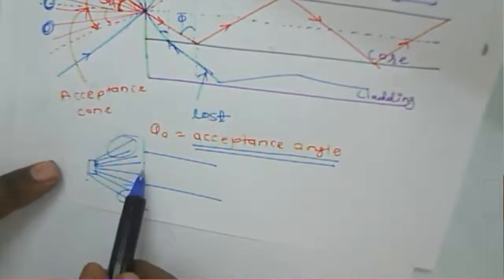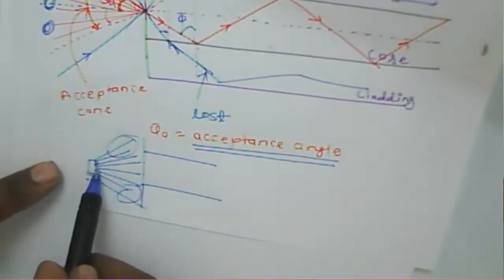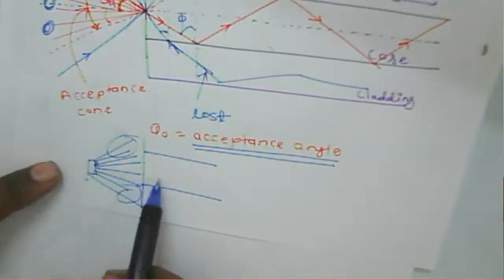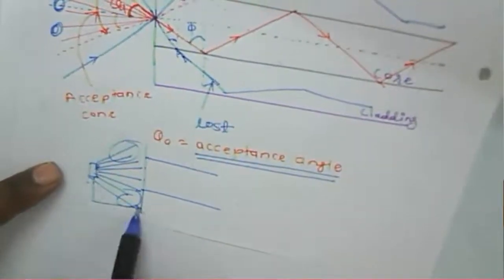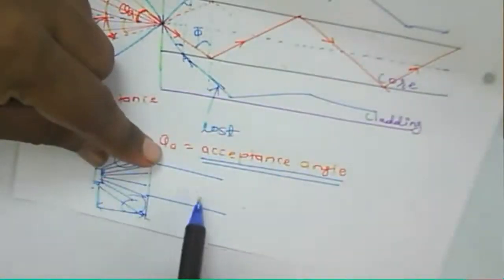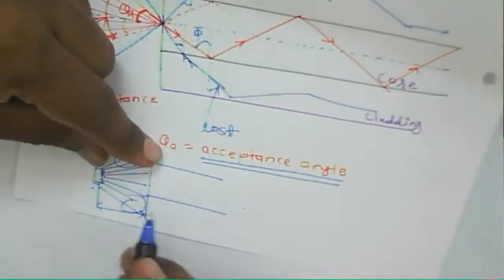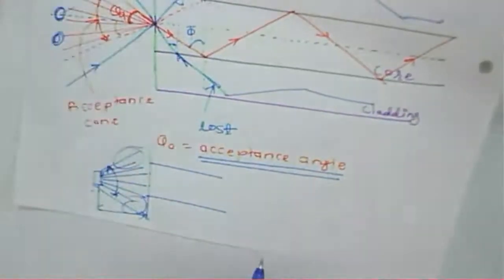So we need to keep the position of the fiber and the source in such a way that maximum light is incident, or maximum rays propagate through the fiber. The distance between the source and the fiber should be small, so that maximum light is inserted inside this particular fiber.